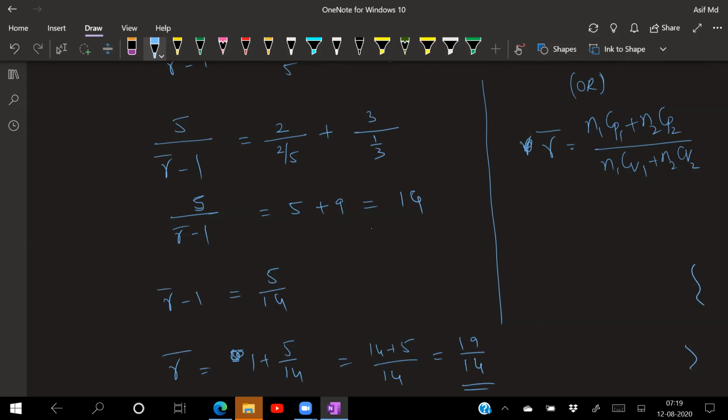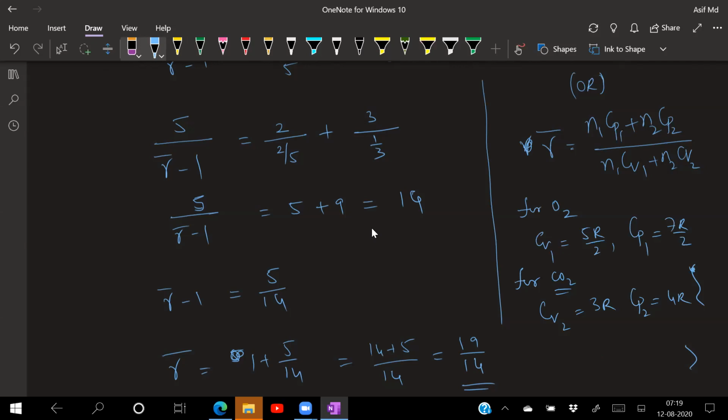So for the diatomic gas, we know for oxygen CV1 will be equal to 5R by 2 and CP1 will become 7R by 2. And for the polyatomic gas, that is carbon dioxide, CV2 equals 3R and CP2 will be equal to 4R.